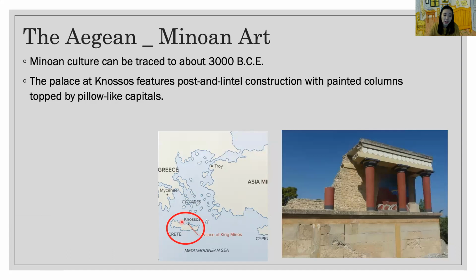And we take the name from a legendary king called Minos, who supposedly ruled at Knossos. And the palace at Knossos features post and lintel construction with painted columns like this, and topped by pillow-like capital.